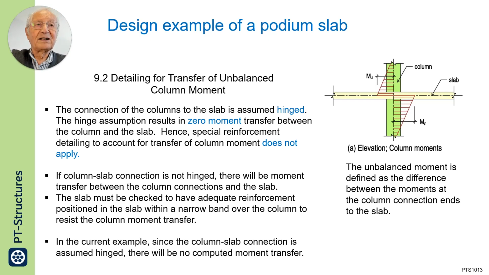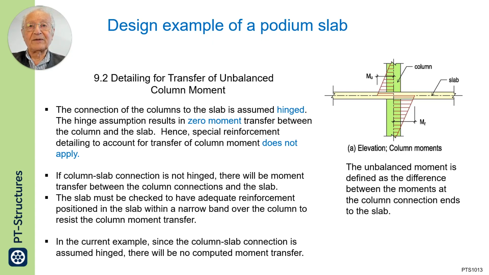So what is it that the code wants? The code says the fraction or the part which is associated with this unbalance be detailed. It is a detailing. Put the reinforcement which you believe or you calculated is necessary for this transfer at the location I mean.